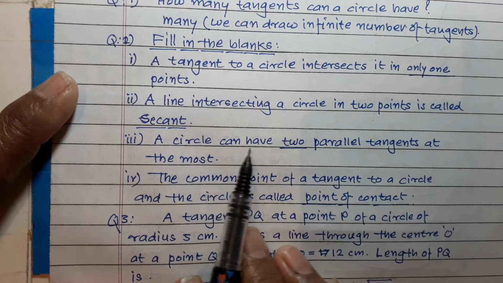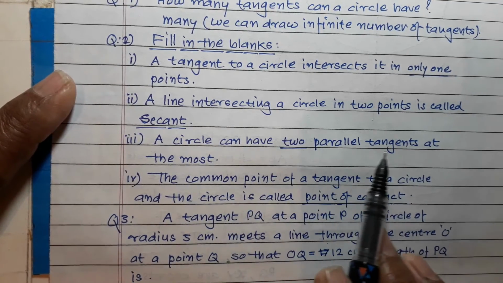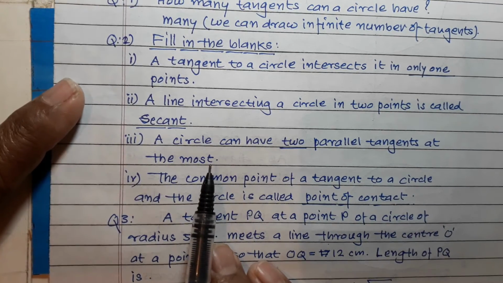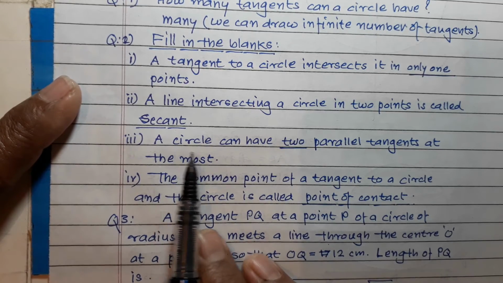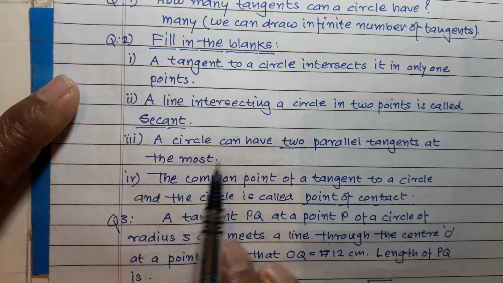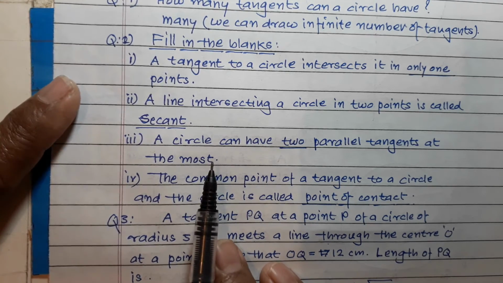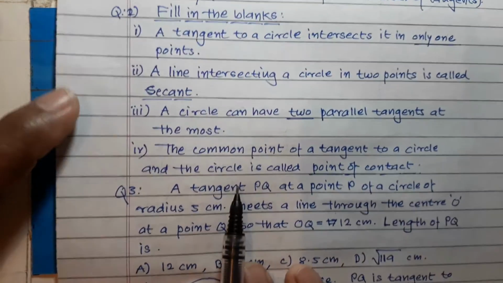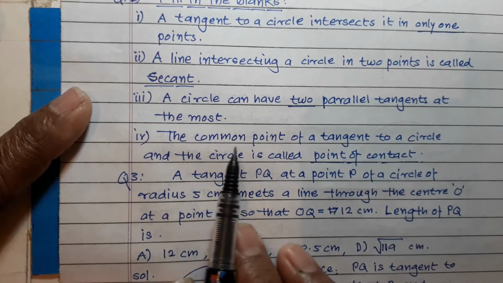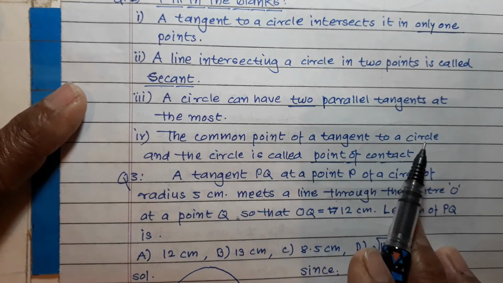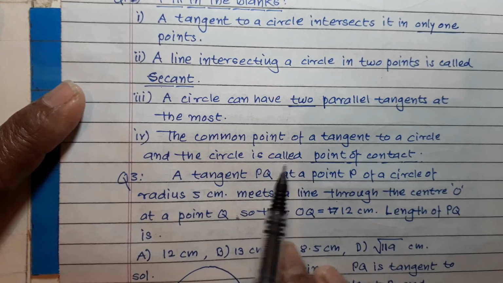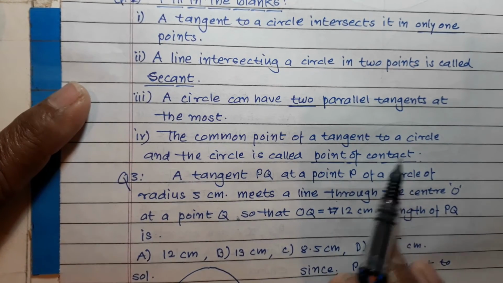A circle can have 2 parallel tangents at the most. There are only 2 tangents, those passing through the end points of a diameter. Number 4. The common point of a tangent to a circle and the circle is called the point of contact.